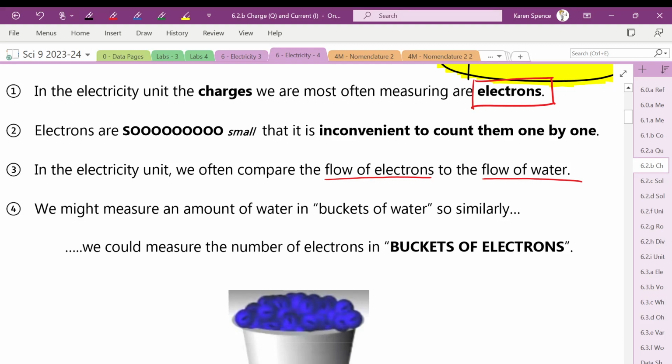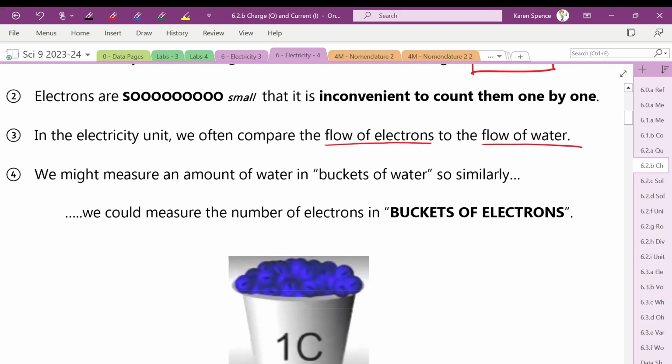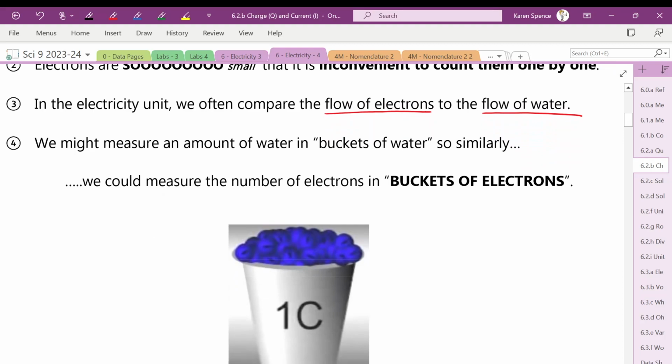if we were looking at an amount of water, we might say, I have 1 bucket of water, or I have 2 buckets of water, or I have 100 buckets of water, whatever it is. So instead of counting individual electrons, we're going to measure buckets of electrons in big quotes, okay?